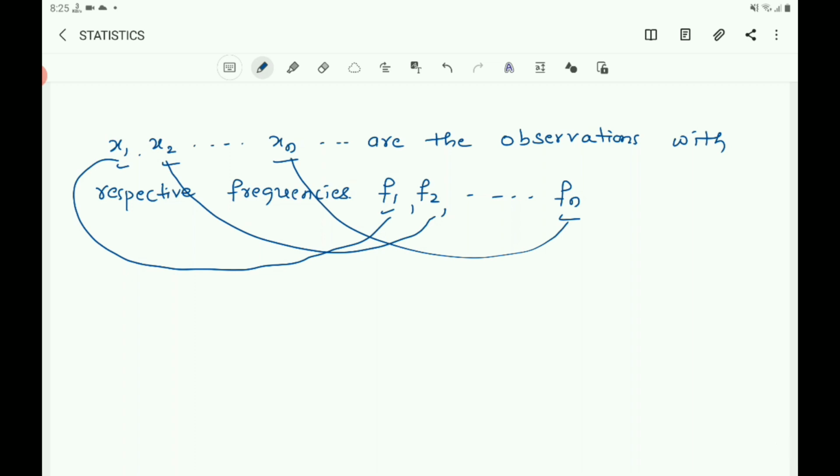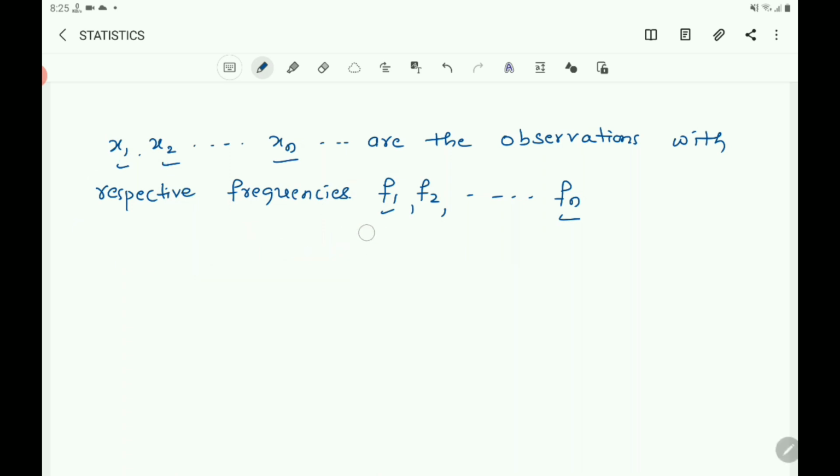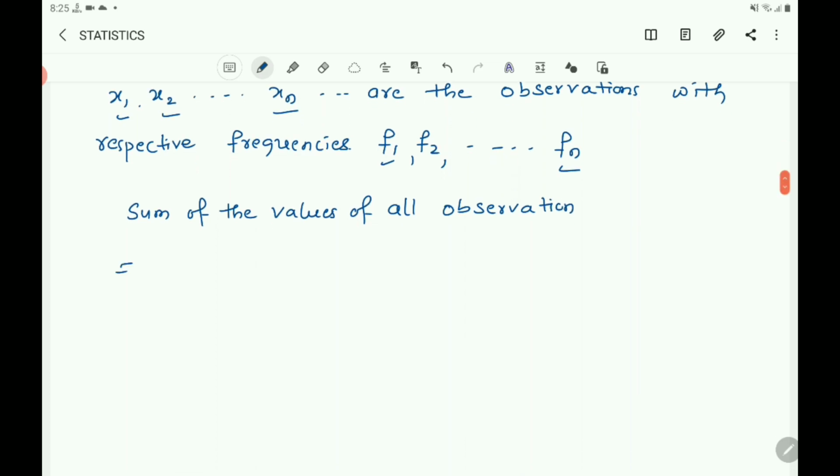Then the sum of the values of all observations equals f1 times x1 plus f2 times x2 plus f3 times x3, and so on, fn times xn.